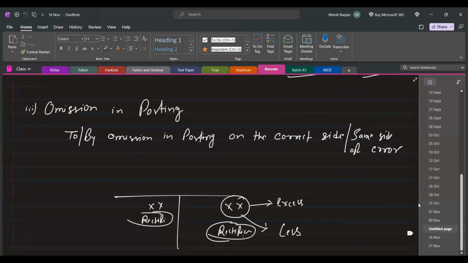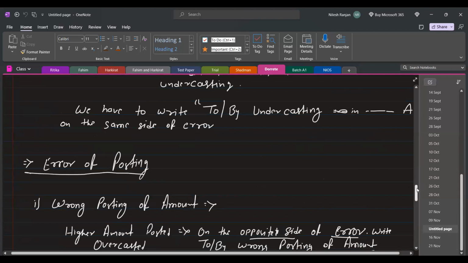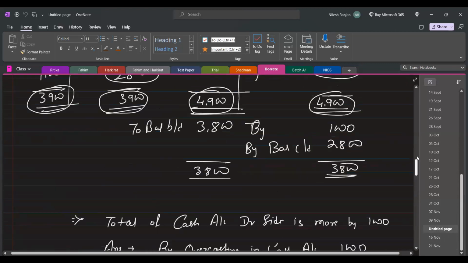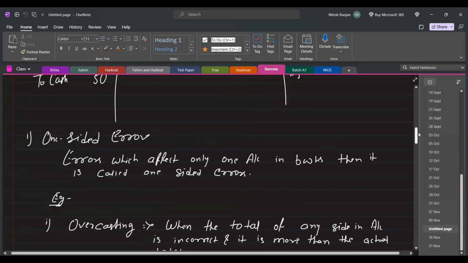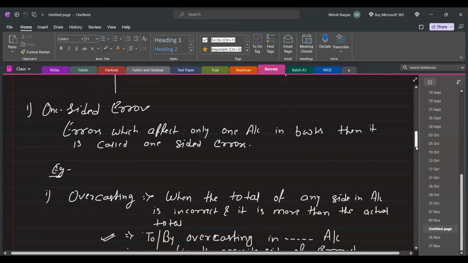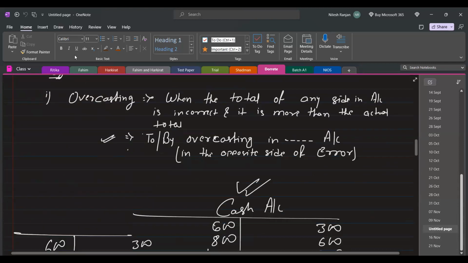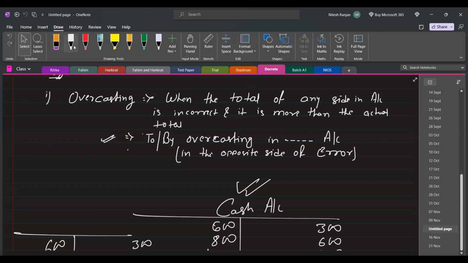If you remember, we have done overcasting and undercasting. So do you remember what I told you about overcasting? Yes, sir. When we write more amount in total, then it is called overcasting.